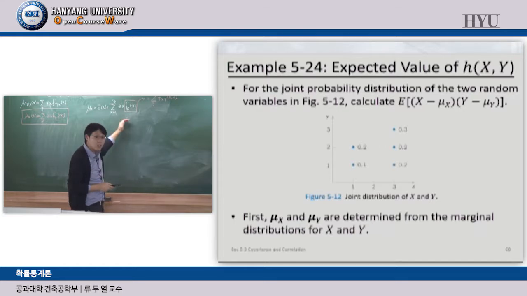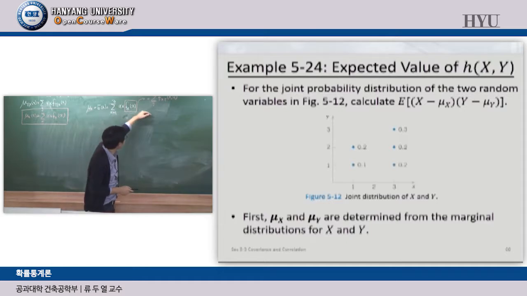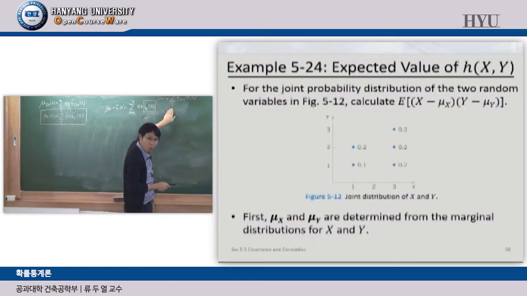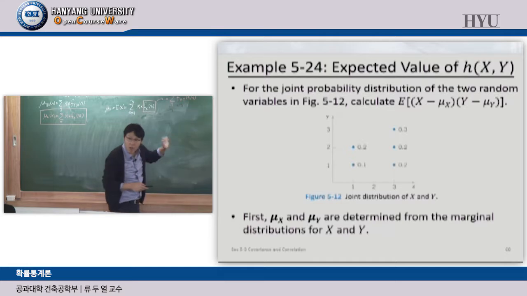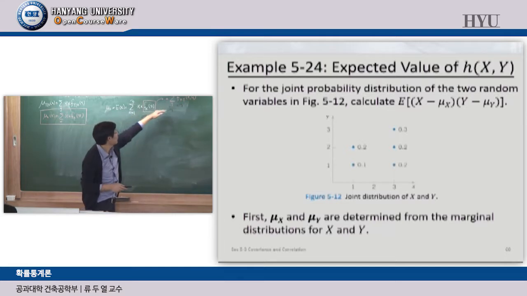For the case of the discrete random variable, the marginal probability mass function of x is equal to the summation of y of the joint probability mass function f x y. We have already learned this equation.